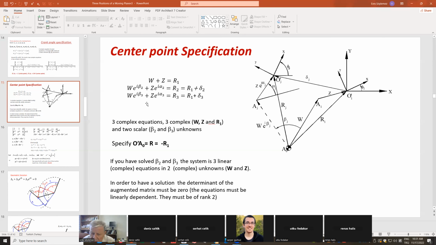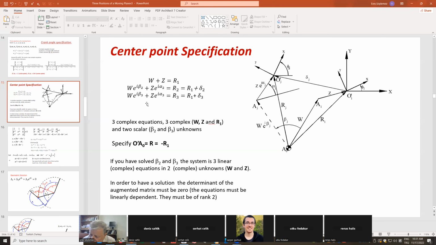Can everyone see what I mean? I am assuming that I know beta 2 and beta 3. In that case, I have 3 linear complex equations in terms of 2 complex unknowns, W and Z.